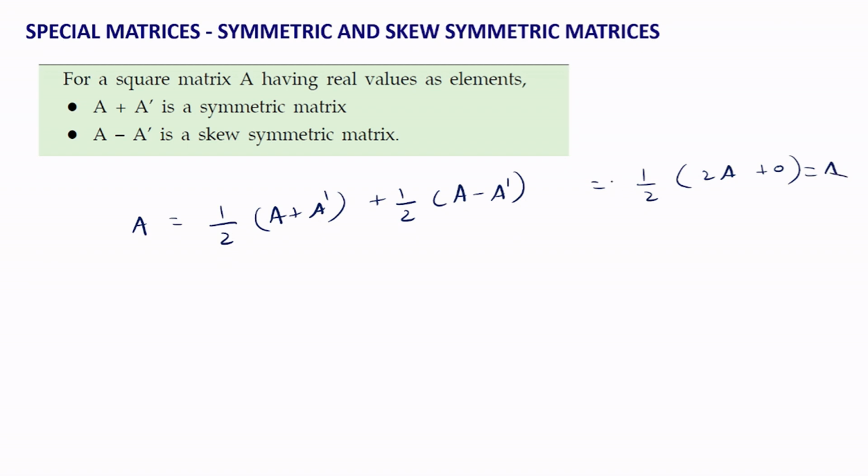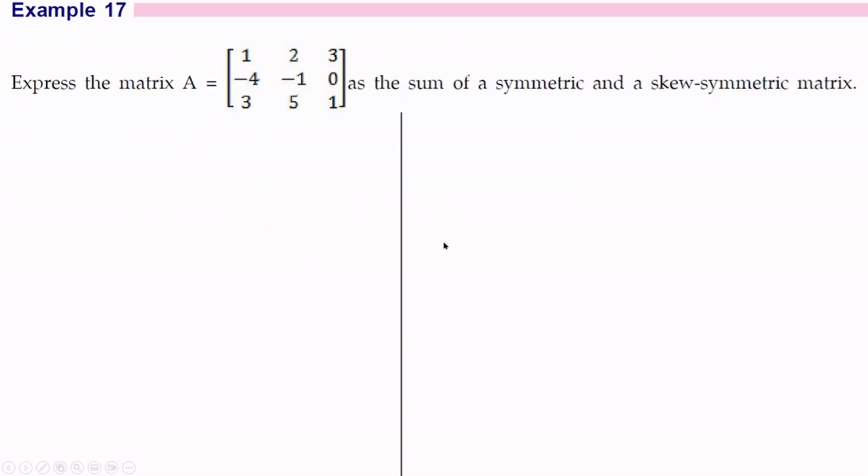It is equal to A. So here we can express this A as half of A plus A transpose plus half of A minus A transpose, where A plus A transpose is a symmetric matrix and A minus A transpose is a skew symmetric matrix. So we can express any square matrix A as a sum of symmetric and skew symmetric matrix.